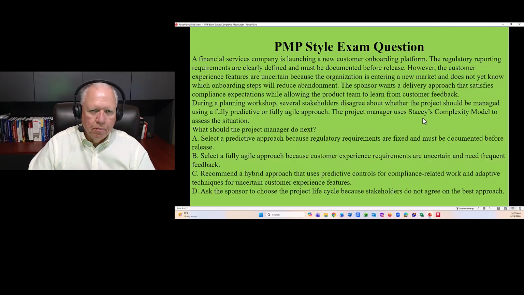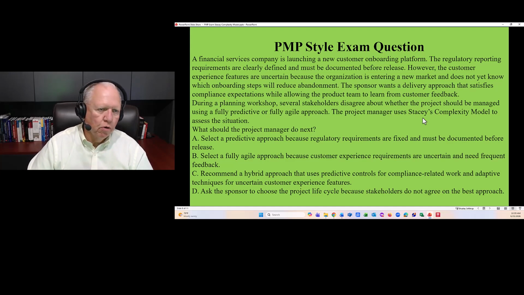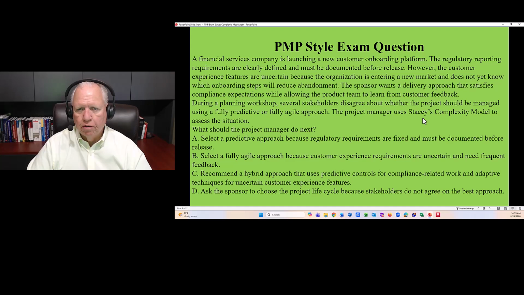Let's take a look at our PMP style exam question here. A financial services company is launching a new customer onboarding platform. The regulatory reporting requirements are clearly defined and must be documented before release. However, the customer experience features are uncertain because the organization is entering a new market and does not yet know which onboarding steps will reduce abandonment.